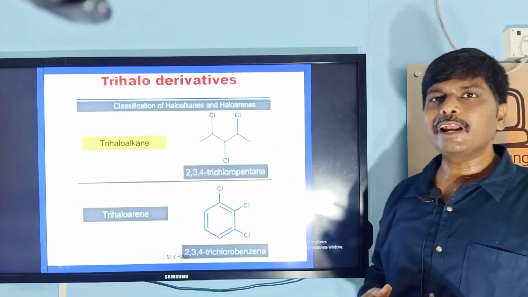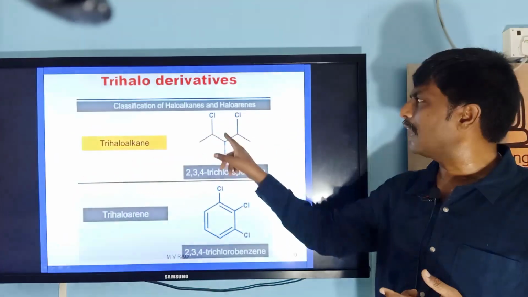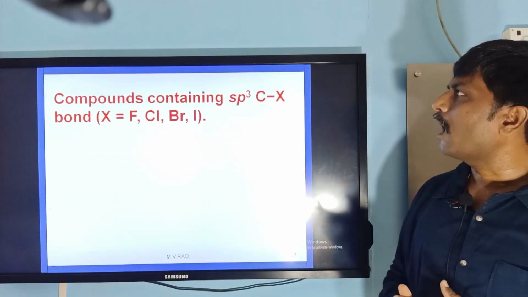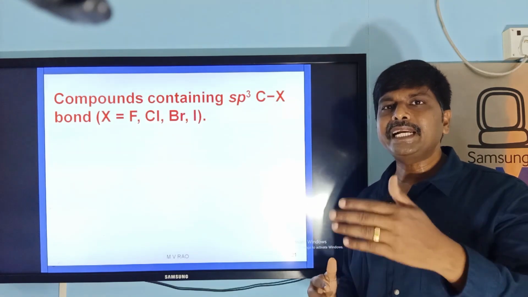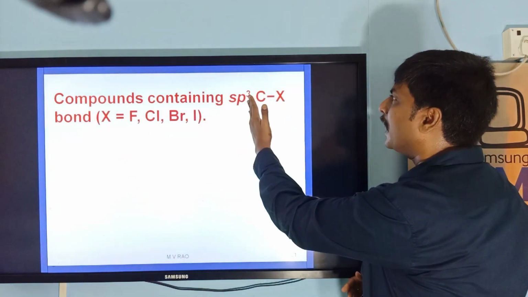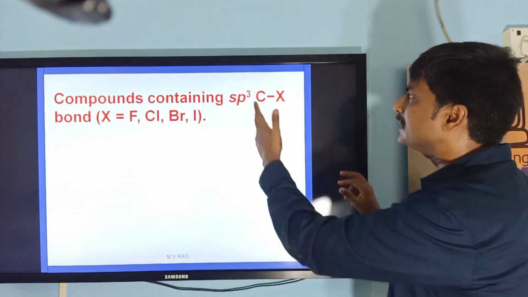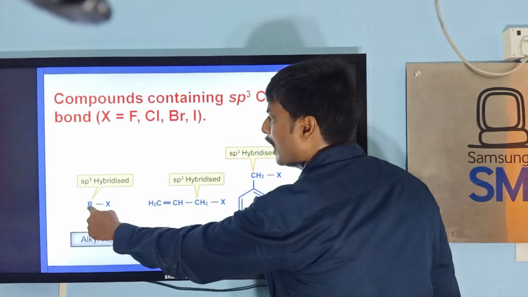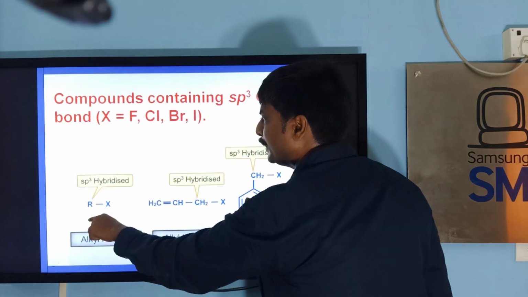Okay, next, trihalo derivatives contain 3 halogen atoms, 3 chlorines. Next, compounds containing an sp3 carbon and halogen bond. You can see in alkyl halides RX, this R is sp3 hybridized.